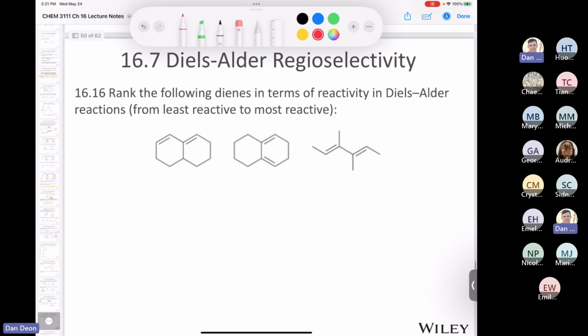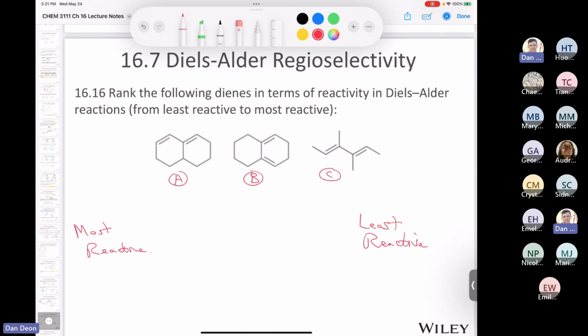Anyhow, I'm getting overly excited about this. So let's try this question before we go back to that one that's got a bunch of crazy reactions in it. It says rank the following dienes in terms of reactivity in the Diels-Alder reaction. So if I call this one A, I'll call this one B, and I'll call this one C. We'll go most reactive, we'll go least reactive.